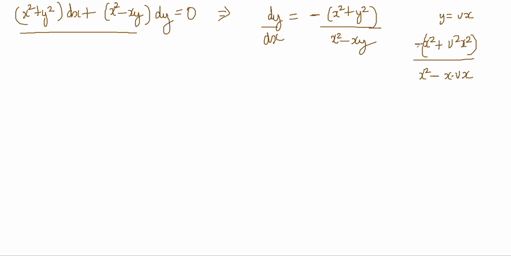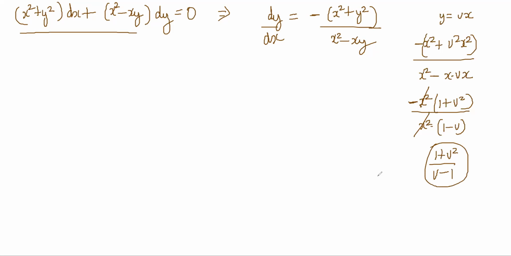So minus x square common 1 plus v square by x square common 1 minus v, right? Yeah. Now it is doable. Now it is not so big, right? So it is 1 plus v square by v minus 1.